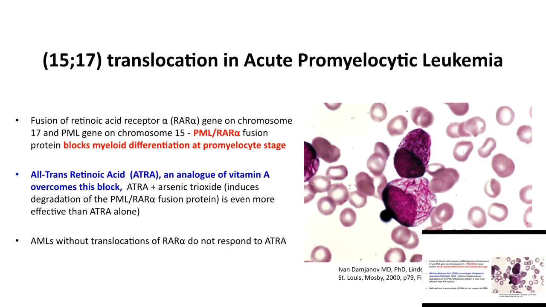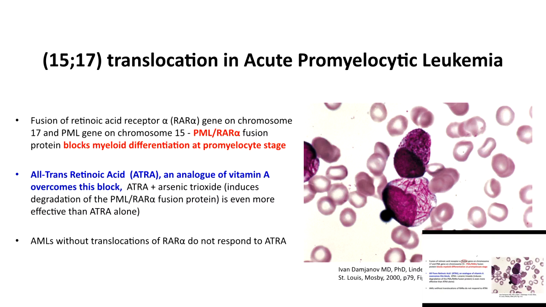So, what is with this RAR gene? Now, you must all be familiar with the role of vitamin A in vision. What we also know is that vitamin A has a very significant role in the differentiation of cells, including the hematopoietic cells.